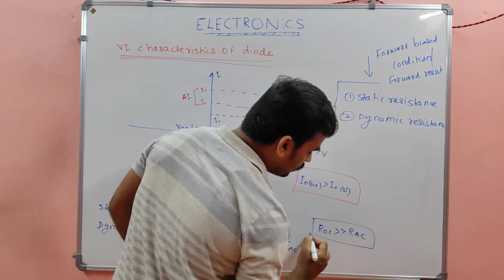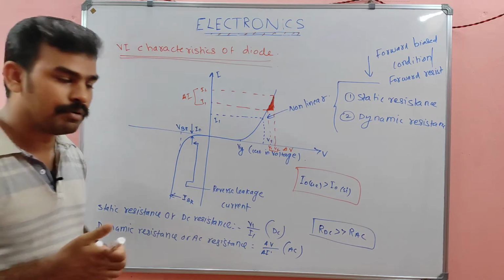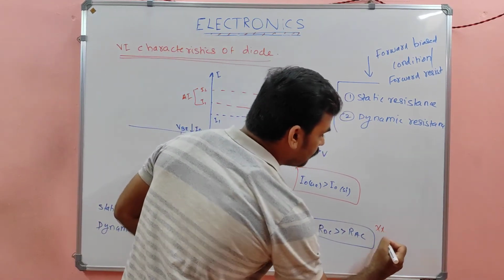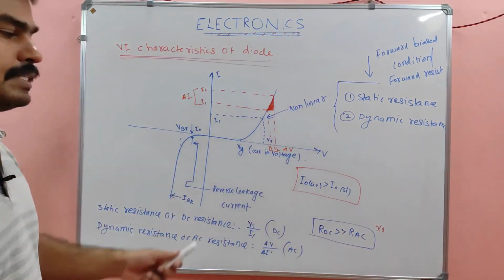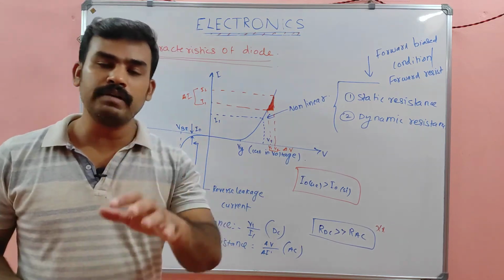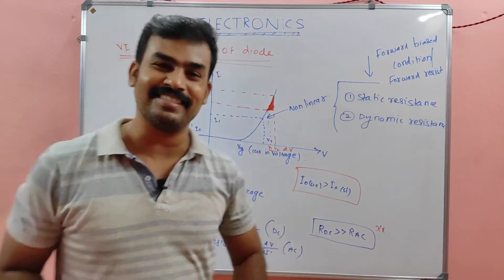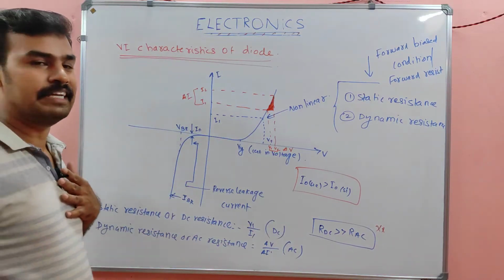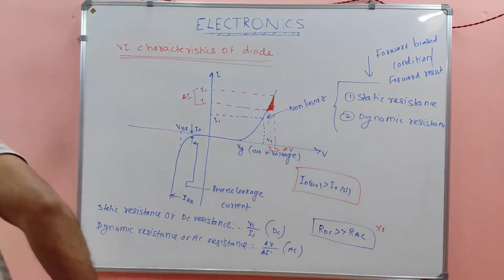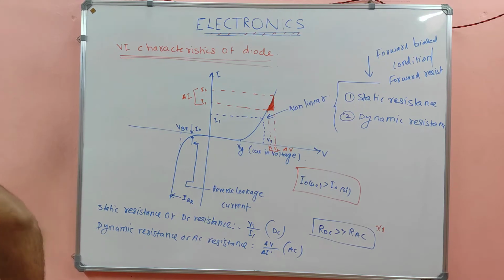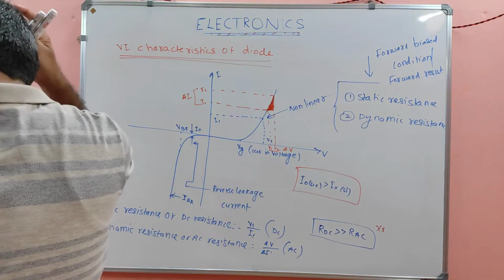That is very important. The DC or static resistance is always very much higher than the dynamic or AC resistance. That is all we need from this session. Okay, is it clear, my dear?